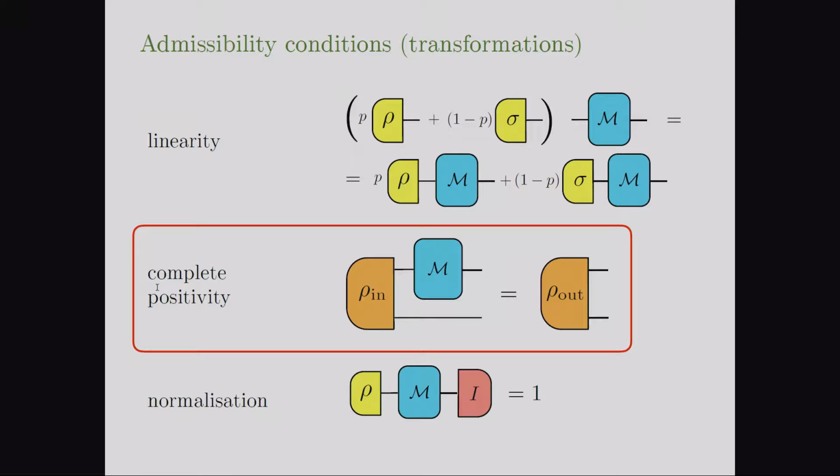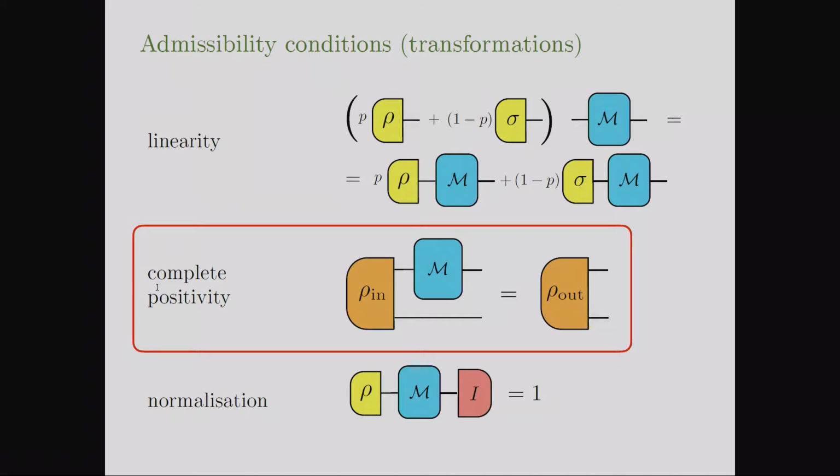Let's review this well-known stuff about the axiomatic approach to state transformation. So, let us consider a map from quantum states to quantum states. The most general maps that transform states into states must obey these requirements.